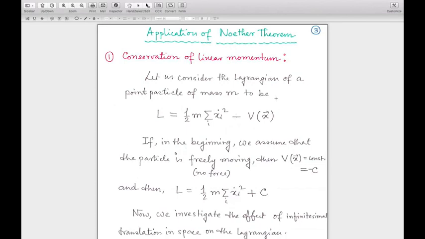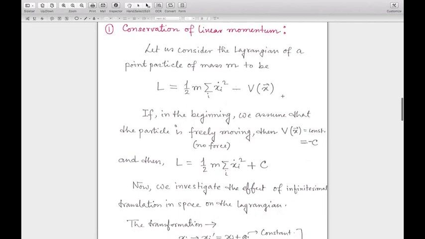Now let us consider the Lagrangian of a point particle of mass m to be equal to half m summation over i x_i dot squared minus V of x. This is simply a system of particles. So basically it's just a single particle, but having a number of degrees of freedom.